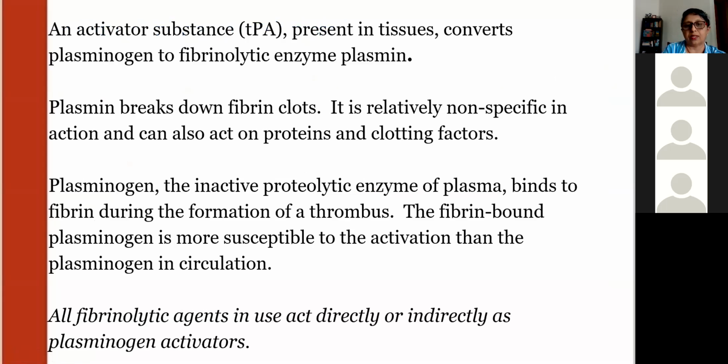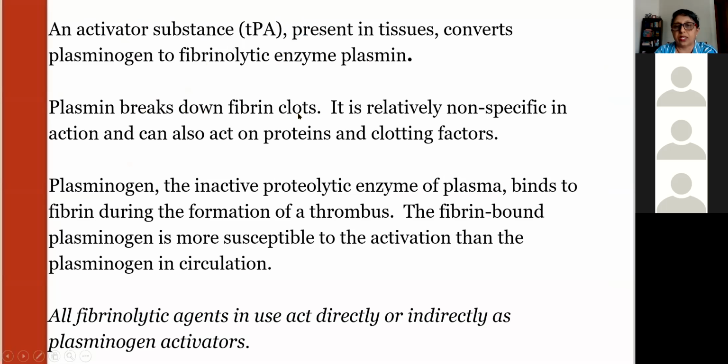And this I have told already, tissue plasminogen activator present in tissues converts plasminogen to fibrinolytic plasmin, and this plasmin will break down the fibrin clots.